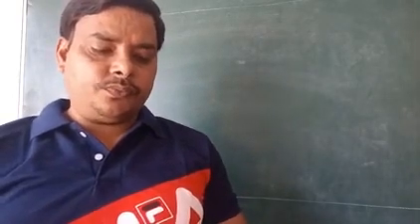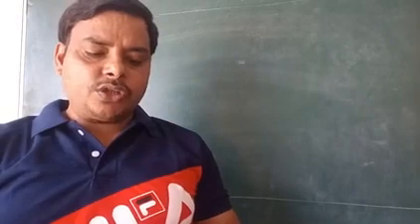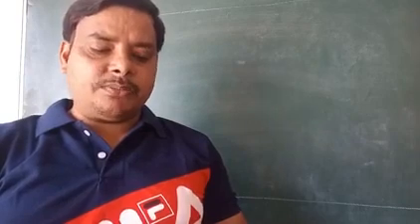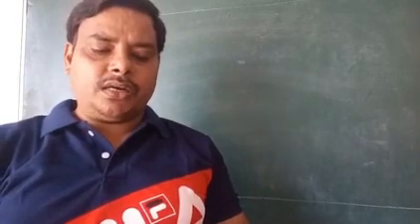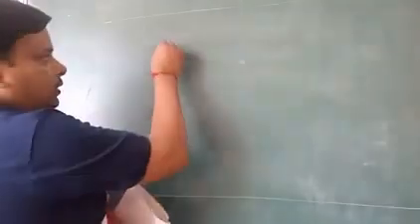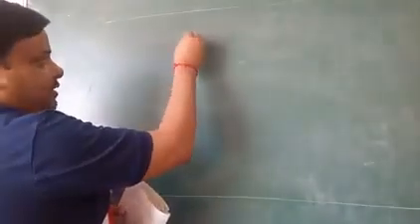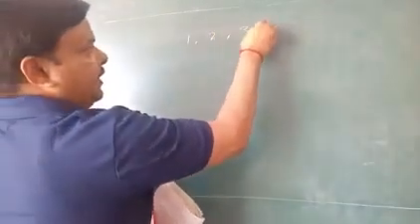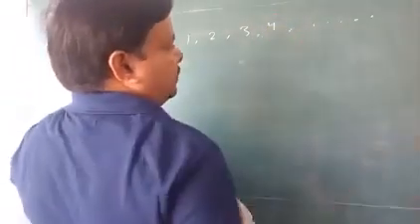Now question number 2. Are the square roots of all positive integers irrational? If not, give an example of the square root of a number that is a rational number. Dear students, we know that all positive integers are 1, 2, 3, 4 and so on.